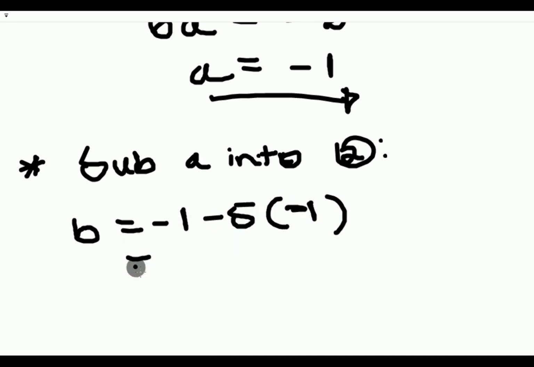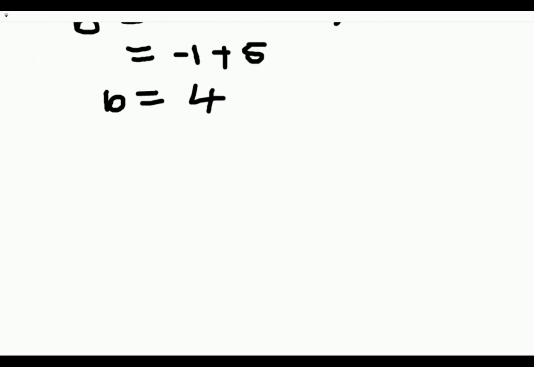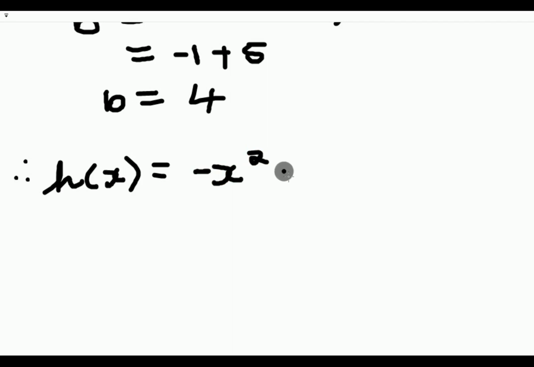Therefore b is equal to minus 1 plus 5. So b is equal to 4. So since we have found the values of a, b, c right now, the equation of h of x is equal to minus x squared plus 4x minus 3.